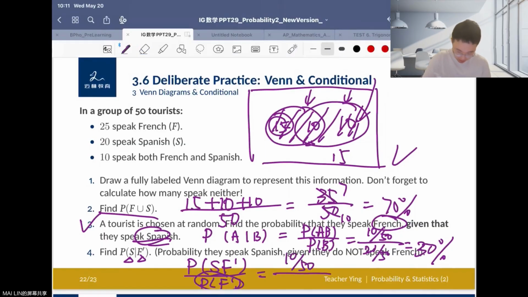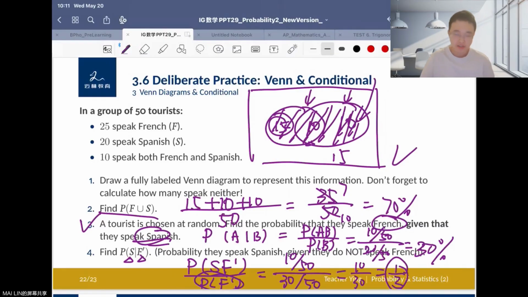For not speaking French, it is 50 minus 20, so only 30 tourists are left, which is 30 over 50. The total probability is 10 over 30, which is 1/3. So we can calculate the probability for not speaking French.